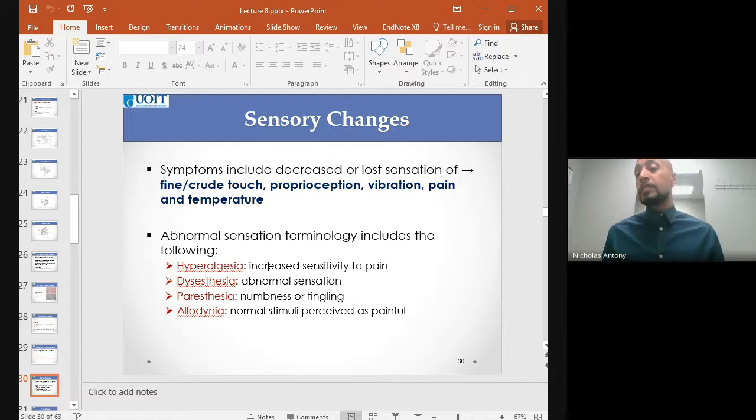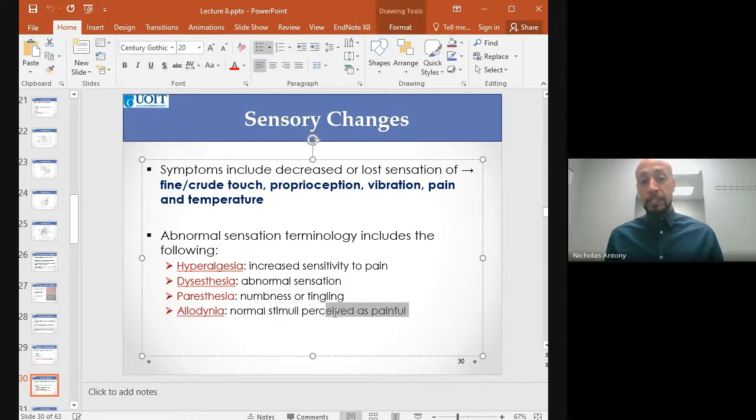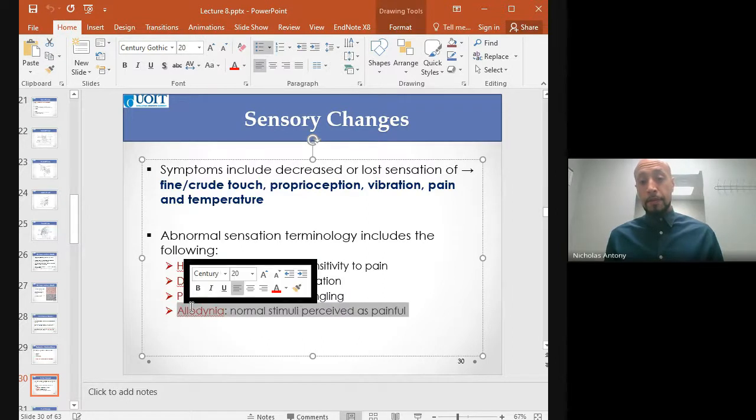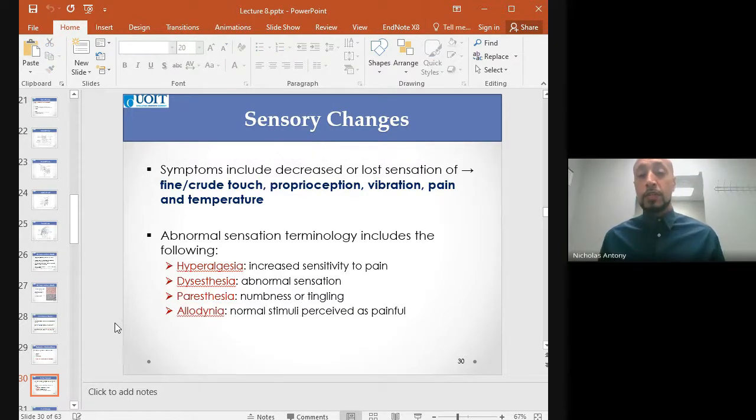Hyperalgesia means increased sensitivity to pain. Dysesthesia means abnormal sensation. Paresthesia is the clinical term for numbness or tingling. And allodynia is when you have normal stimuli perceived as painful. Now, this clinically also presents in central sensitization, which is like chronic pain.